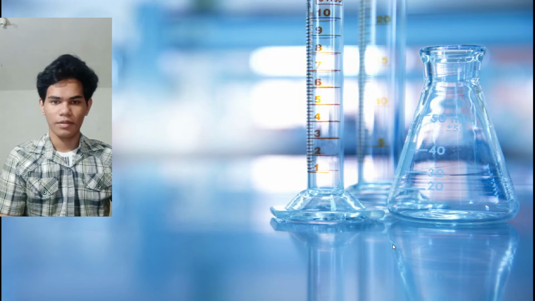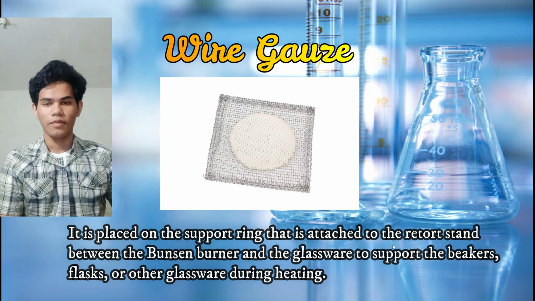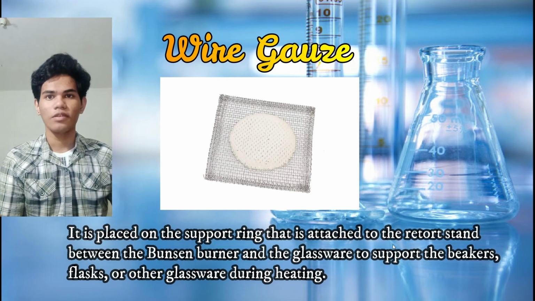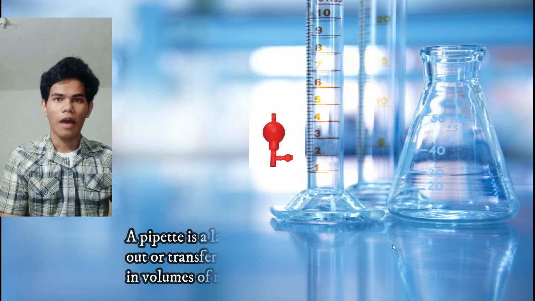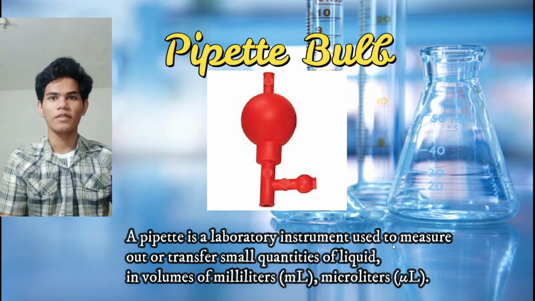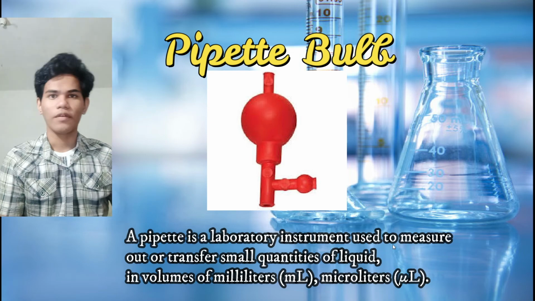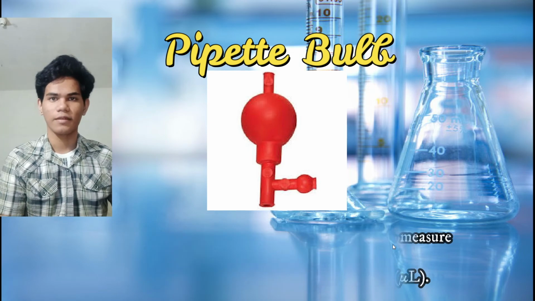Wire gauze. It is placed on the support ring that is attached to the retort stand between the Bunsen burner and the glassware to support the beakers, flasks, and other glassware during heating. Pipette. A pipette is a laboratory instrument used to measure out or transfer small quantities of liquid in volumes of milliliters and microliters.